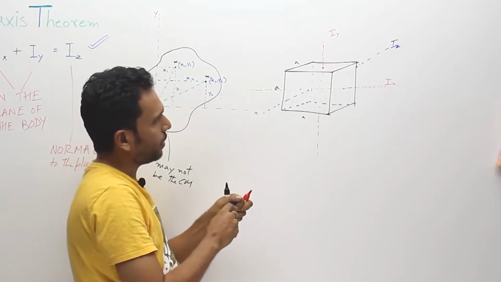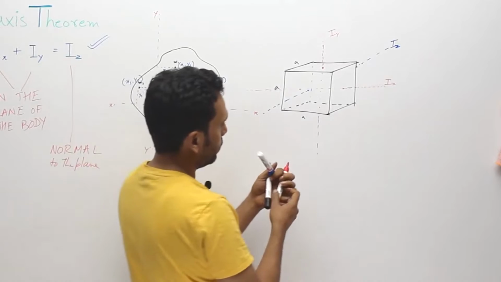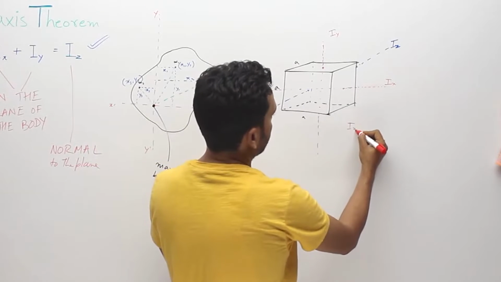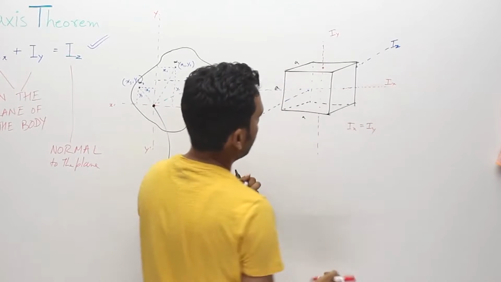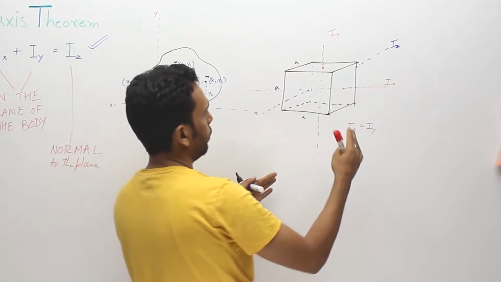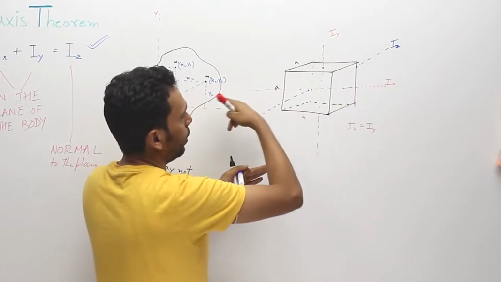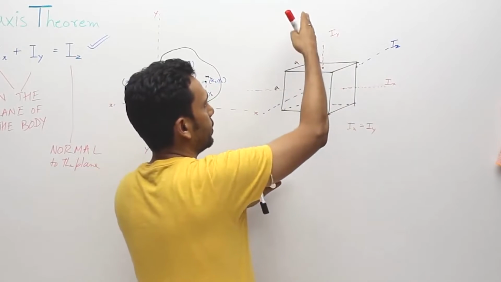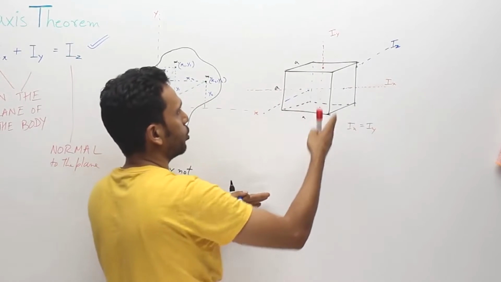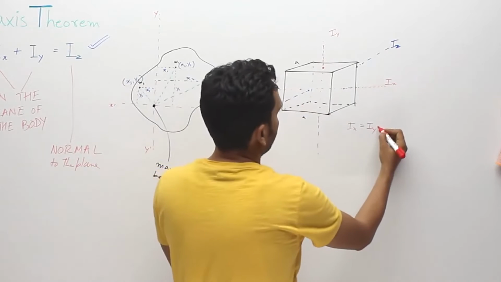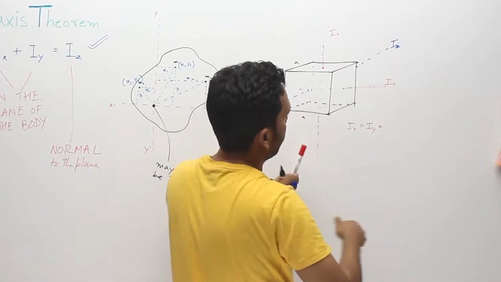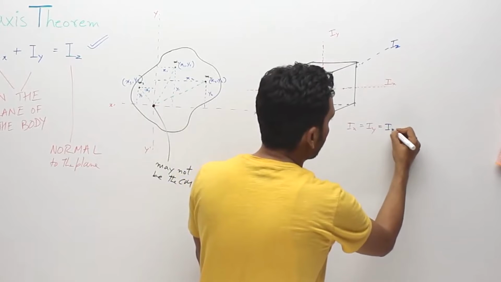Now by symmetry we can easily say that Ix is equal to Iy, because when I do the integration and look at the mass distribution about the x-axis, it is the same as about the y-axis, and in fact the same about the z-axis also.